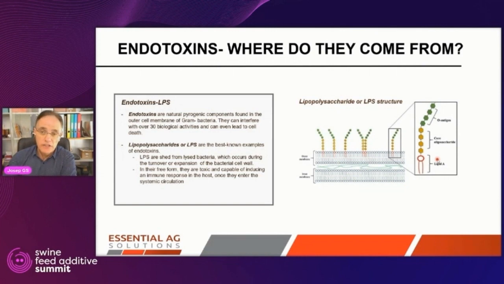Interestingly, it is a part that remains quite constant regardless of the origin of the LPS. All endotoxins come from gram-negative bacteria, but you may have them from E. coli, from Salmonella, from different types of gram-negative bacteria. But the lipid A remains quite constant regardless of the initial type of bacteria, and it is also the portion responsible for the toxic effect.